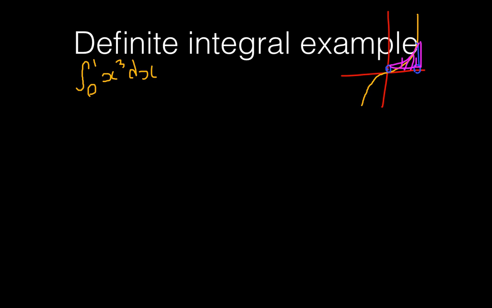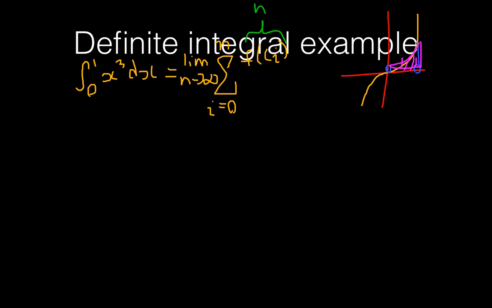And so we know that this is going to be equal to the limit as n approaches infinity of the sum from 0 to n of, we have the function of c sub i, and that's going to give us the height.